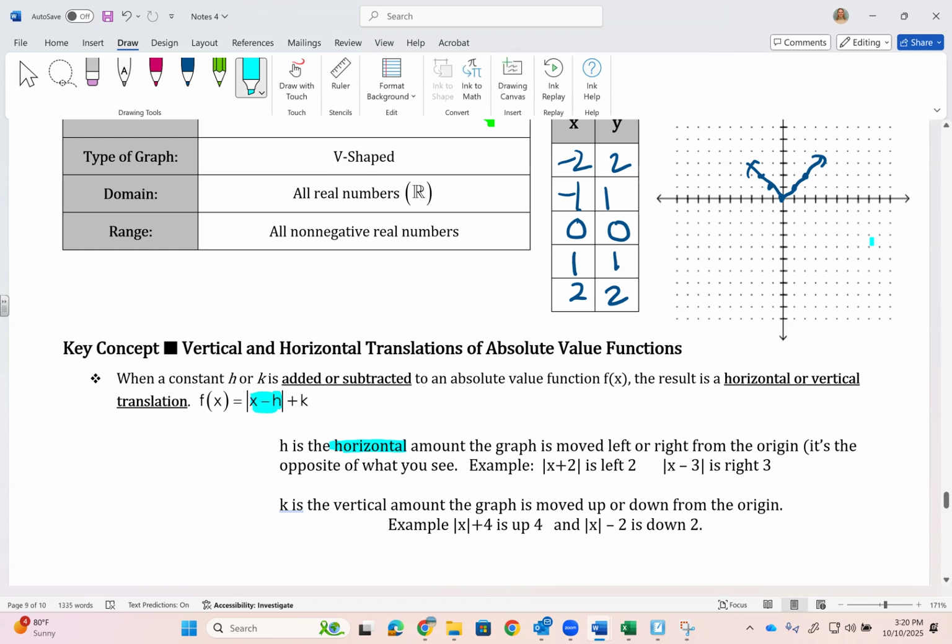So if you see x plus 2 in that group, the code says it's going to be left 2. It's the opposite of what you see. Because there's a kind of a subtraction going on there, but basically the only thing you have to know is if it's by the x, it's going to move it left or right, and it's going to be the opposite. So if you see x minus 3, what's it going to be? It's going to be right. Let's just start with that first.